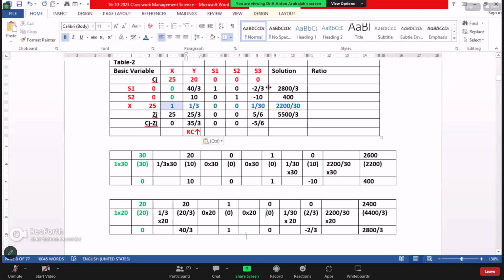If you go this way, here you see 2,800 and 800 by 3 has to be divided by 40 by 3. You have to do it quickly, but familiarize the steps first. So if you did that, you will get the answer.